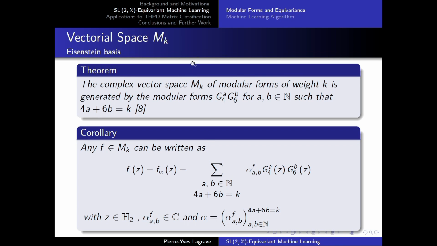Back to this here. So the vector space here, you know the dimension here. If you take the weight of your modular form too small, you end up having too few elements in that space.